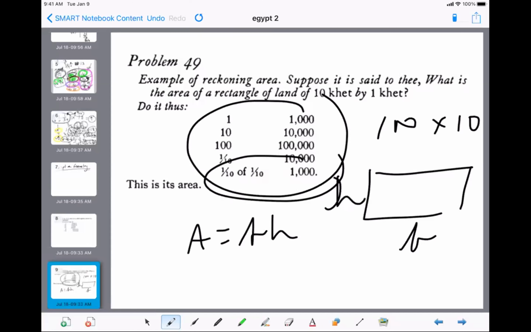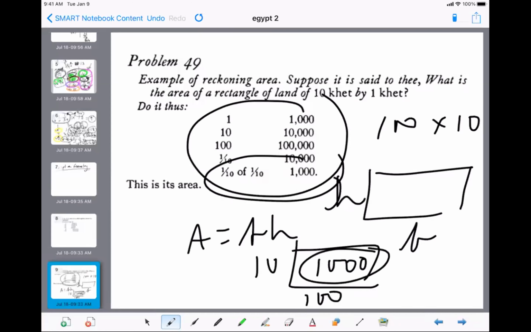So for our purposes, this is their way of saying that a rectangle that has dimensions 10 by 100 has an area of 1,000. And this should make everyone feel a little better if you're getting nervous about the unit fractions and the crazy division.